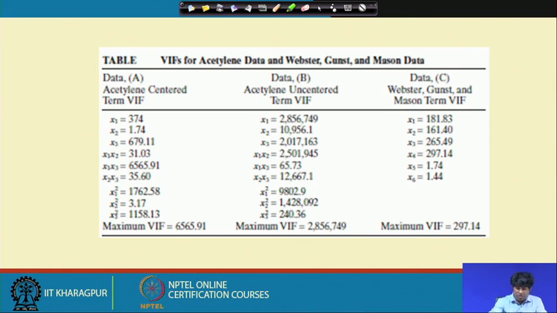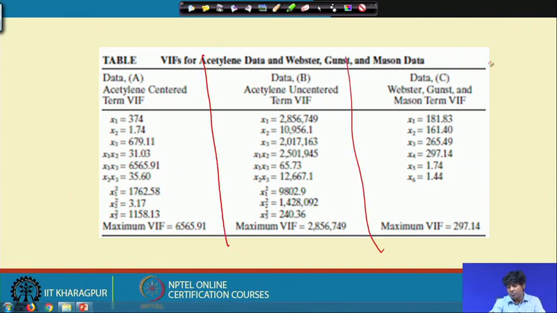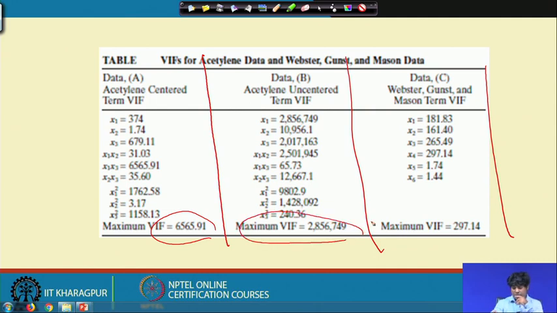In this case, there are 3 such instances. Of course, we will solve a particular problem later, but in the meantime, if you look here, in the first model VIF is 6565, here VIF is 2856, and here it is 297. So there are different levels of VIF, but in all the cases the model has a multicollinearity problem.